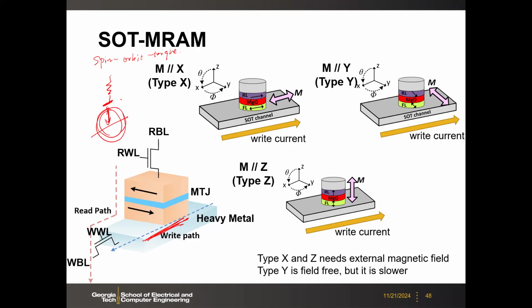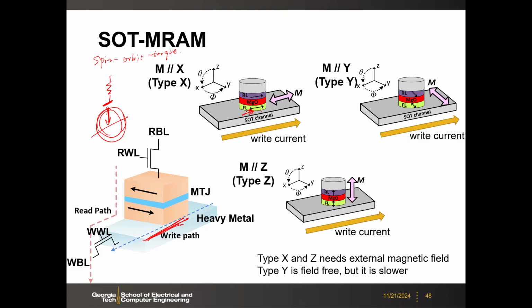But in this SOT-MRAM, it is adjacent to the MTJ. There's no separation or isolation in between. So this SOT metal is contacting the free layer. In this case, the free layer needs to be attached to this metal. So that's a difference in terms of structure.